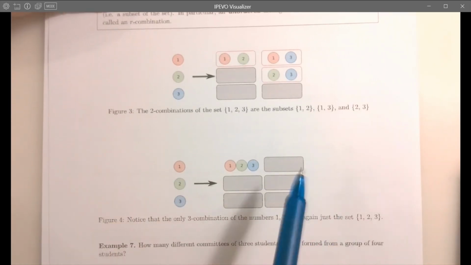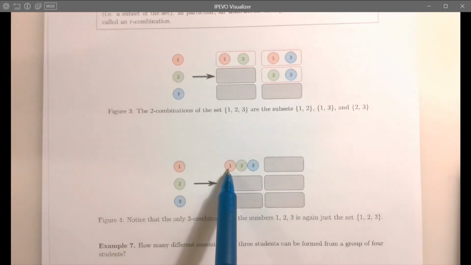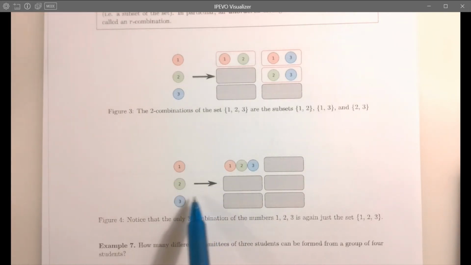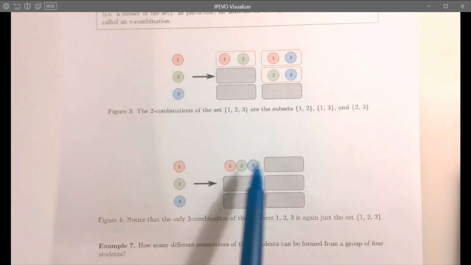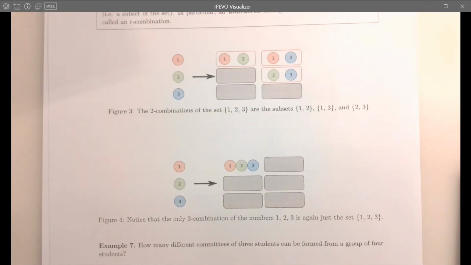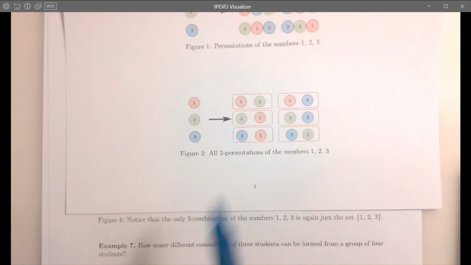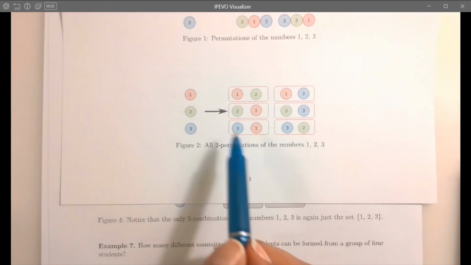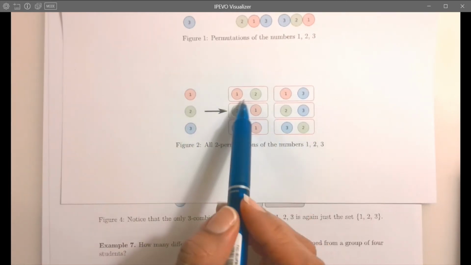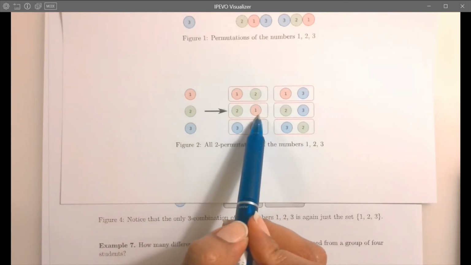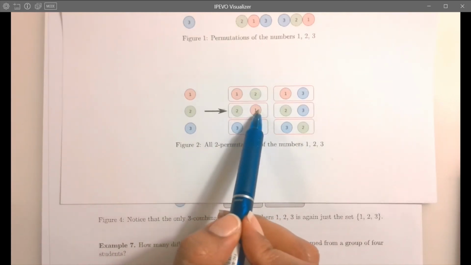So that means that there really is only one way to combine all 3 elements, and that is to pick all 3, right? 1, 2, and 3, and the order doesn't matter. If we're considering the 2 combinations in contrast to the 2 permutations, we could pick a combination of 1, 2, and then consider the different arrangements of 1 and 2, which are just 1, 2, and 2, 1.